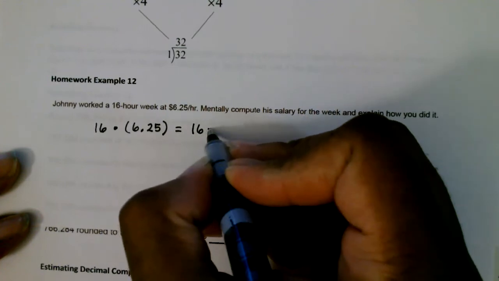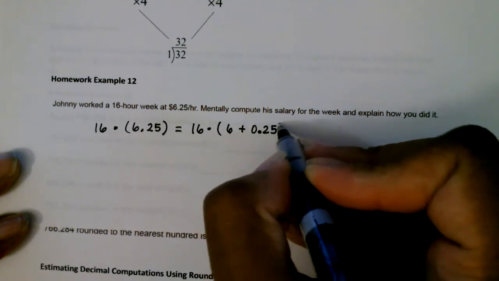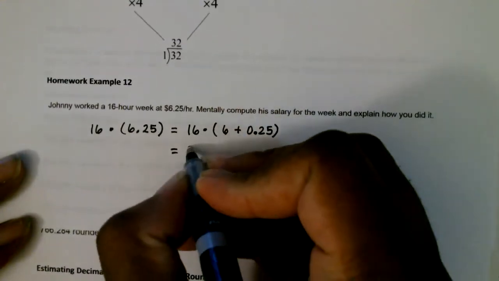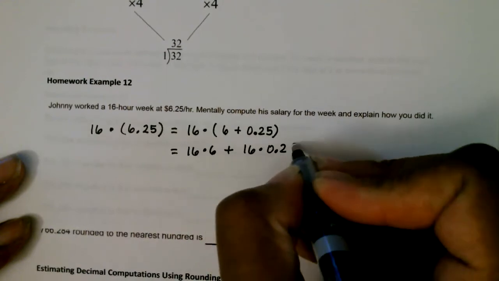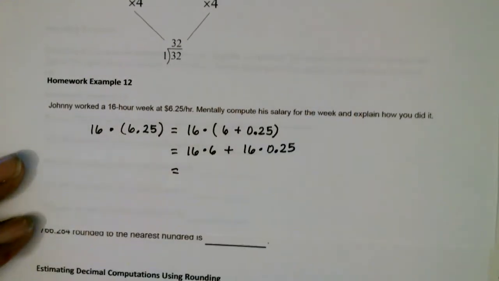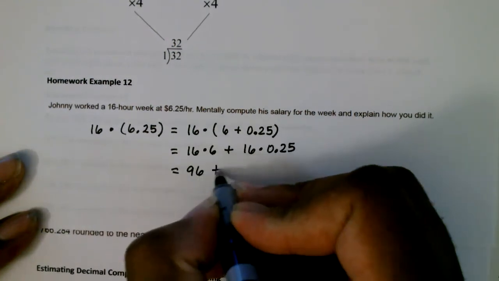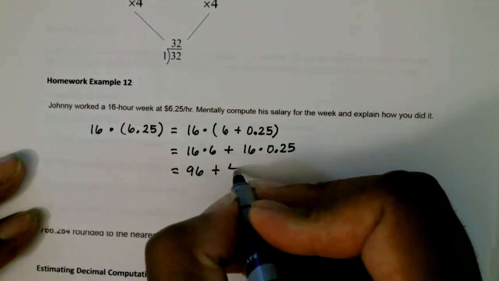We can think of 6.25 as 6 plus 0.25. Break that up like this. That's the sum of 6 and 0.25. And then this is what I would do. 16 times 6, and then 16 times 0.25. So 16 times 6 will be 96 plus, think of 0.25 as 1/4. 1/4 of 16 will have to be 4.